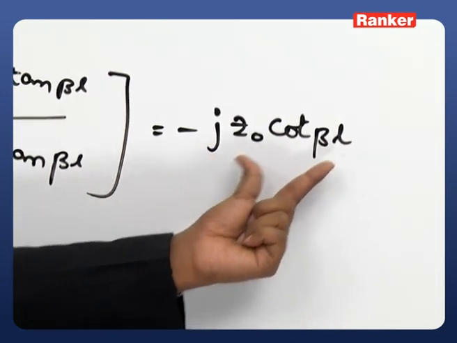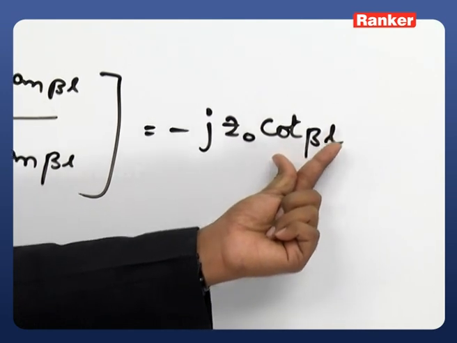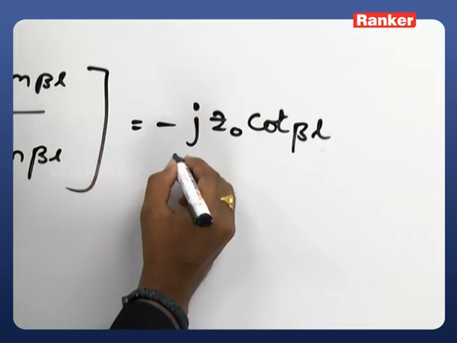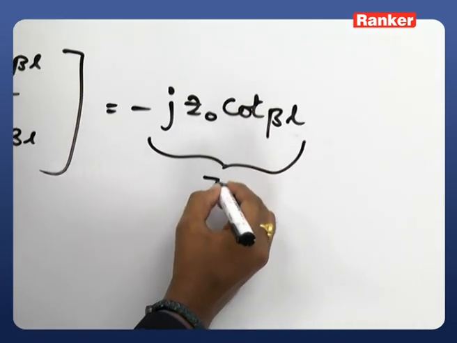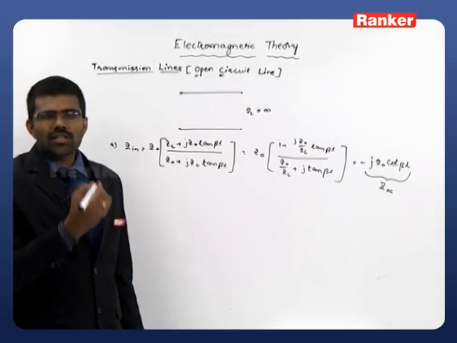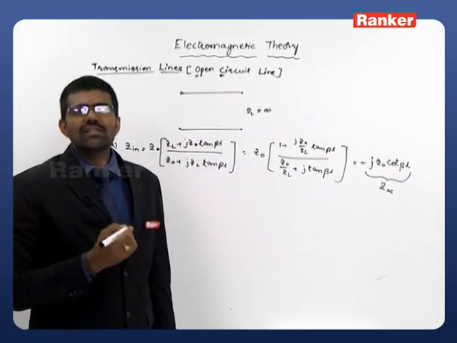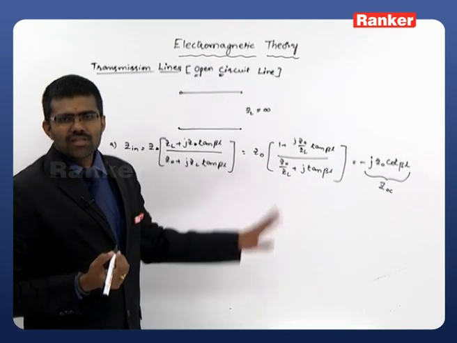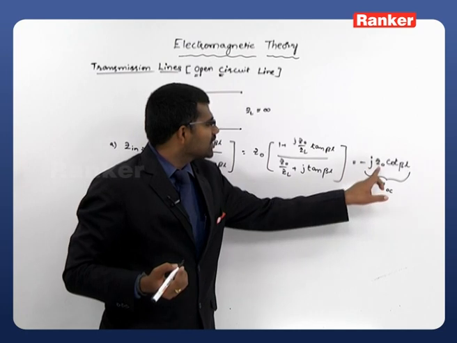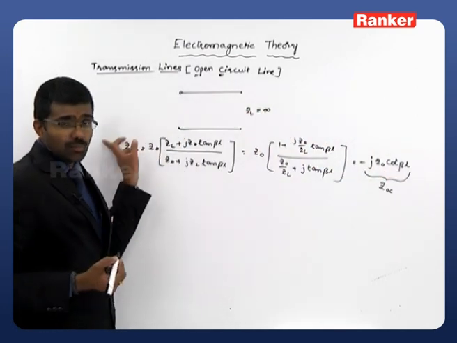Here I will give a simple notation, ZOC. In the previous case you can take the notation as ZSC. Here I am taking the notation as ZOC, right? Z open circuit is equal to minus jZ0 cot beta L, that is the input impedance.